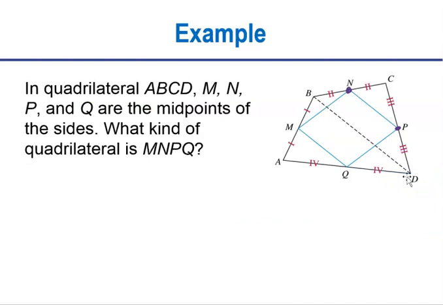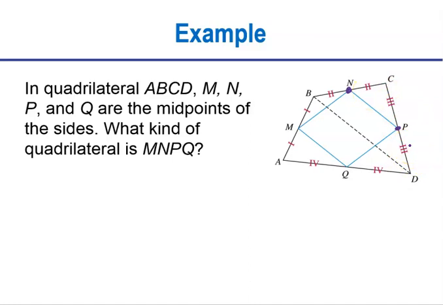Let's go back, okay? So again, we know that N is the midpoint of BC and P is the midpoint of CD. Not only that, we know that because it's noted. Look, this is the two lines and the two lines, which means these two segments are congruent with the 3 and the 3. That means these two segments are congruent. So you know what I know now?